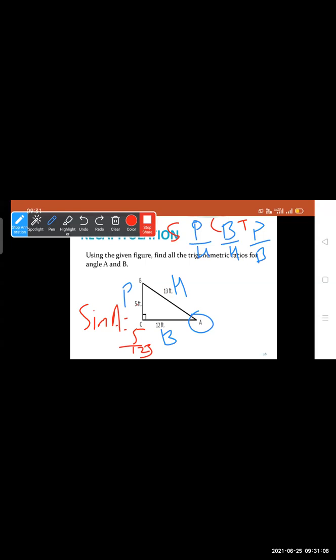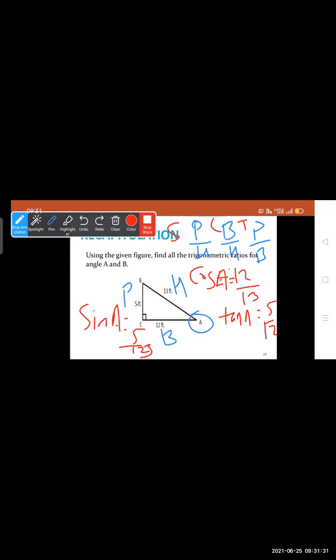Cos is B by H. So for cos we find B, which is 12. Cos A is equal to 12 by 13. And tan A is equal to P by B, that is 5 by 12. Okay. So in this way, first we find the three functions, then take their reciprocals, and we get the other ratios.